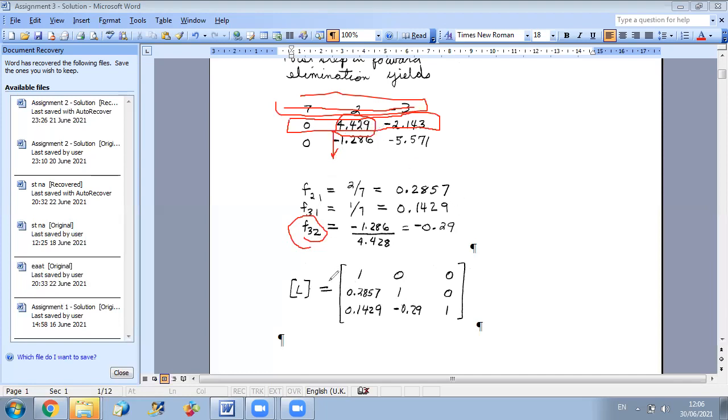Then I can fill my L matrix with F21 here, F31 here, F32 here, and always in my lower matrix, all elements on the diagonal will be 1, and the upper elements will be 0. This is an LU factorization, okay? But if I use Cholesky, the resulting lower matrix will not have 1 on the diagonal.